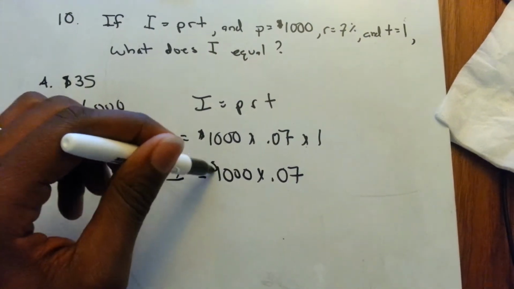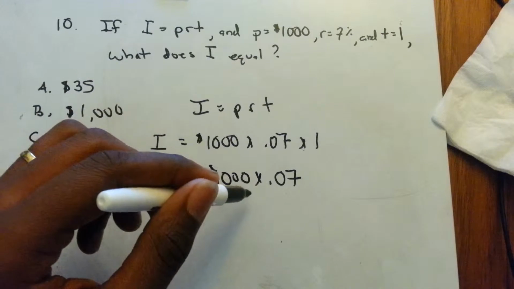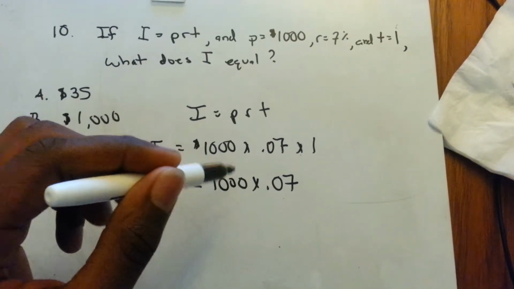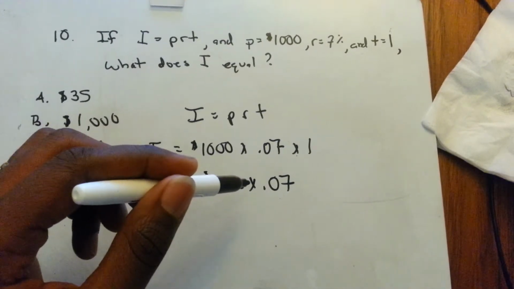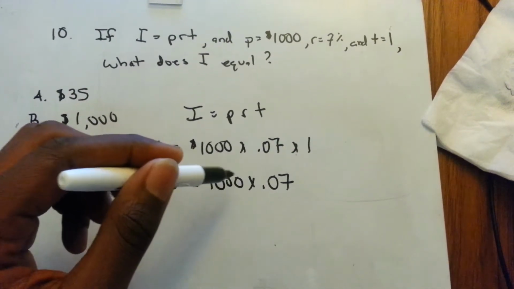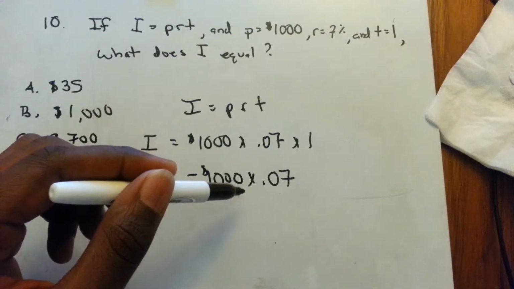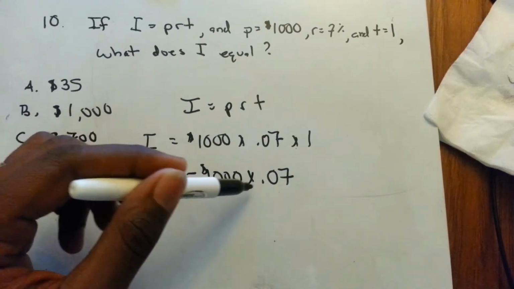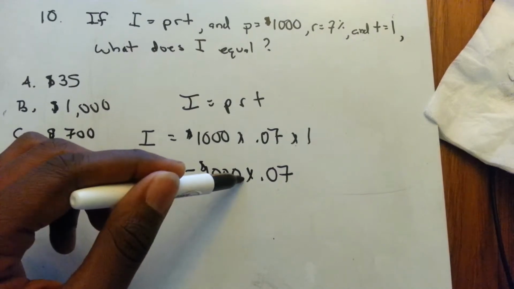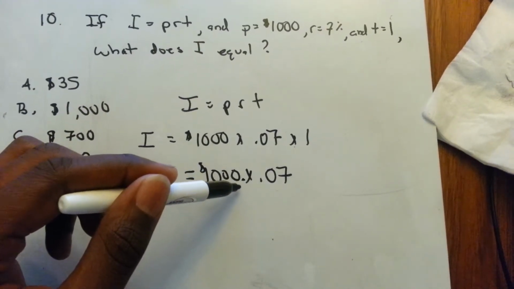For 1,000 times 0.07, if you multiply anything times 1,000, you can just move the decimal point. So for 1,000, say the decimal point is here.